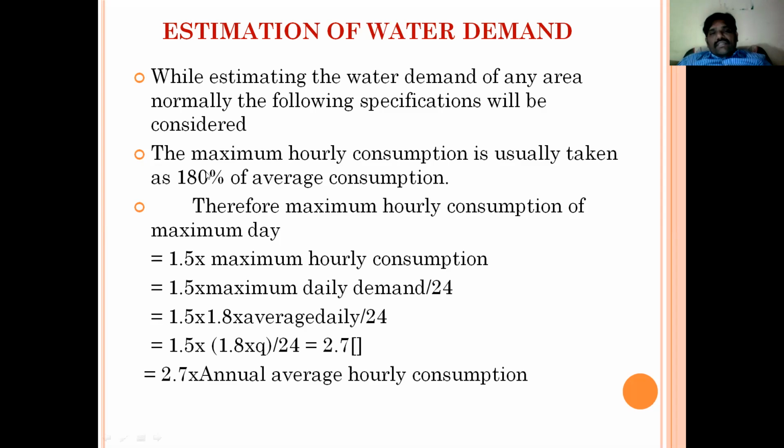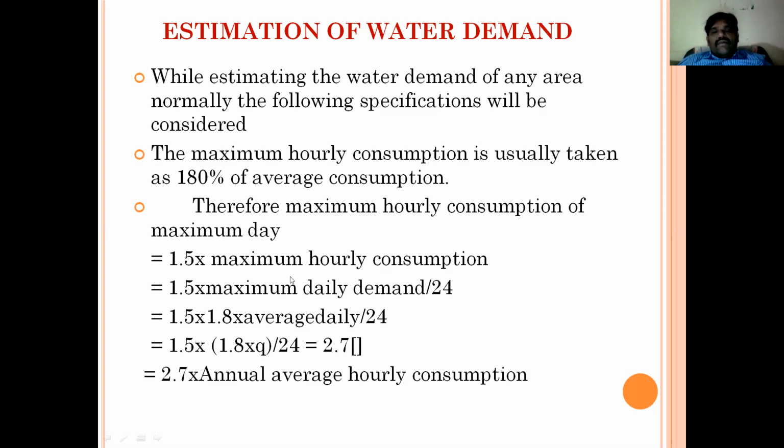One more time. What it says is that the maximum hourly consumption is usually taken as 180% of average consumption. How can we get this maximum hourly consumption? See, what is this 1.5? It is the empirical 1.5 into maximum hourly consumption. How can I get the maximum hourly consumption? Simply by going with 24 hours. In that, 1.5 into 1.8, because it is clearly mentioned that 180% of average consumption gives the maximum hourly consumption.